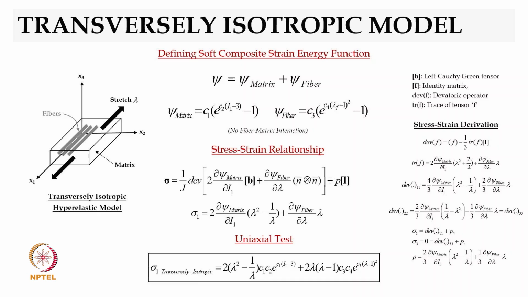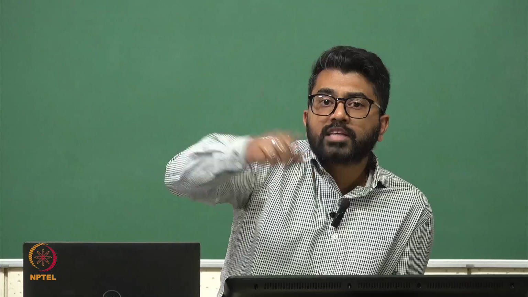So this model was used, with λf minus 1, the whole square. This is the final uniaxial test equation for the transversely isotropic case, whichever way you want to name it. The stress is equal to 2 times (λ square minus 1 by λ), C1 C2, the first and second parameters, times E, the exponential term.